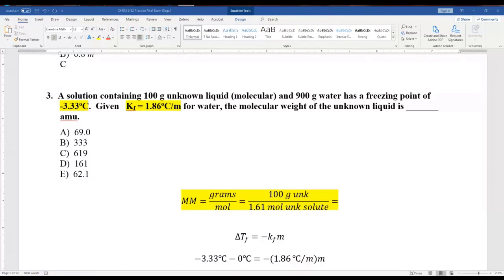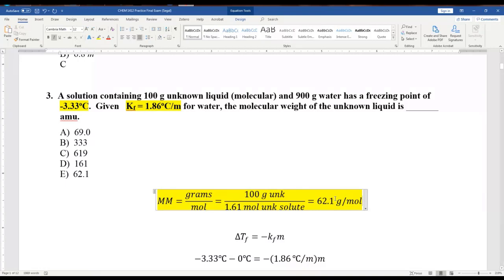So it should be 100 divided by 1.61. That should give you about 62.1. So there we go, 62.1 grams per mole, or AMU, if you're talking about molecular weight.